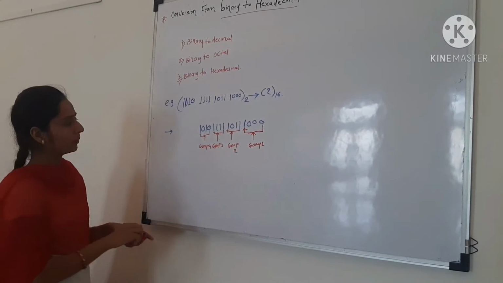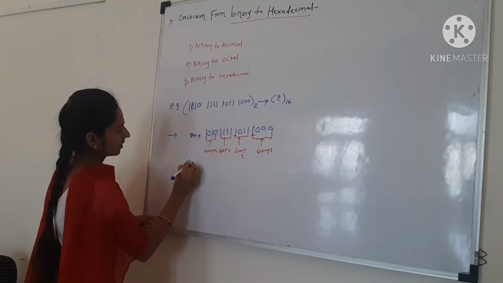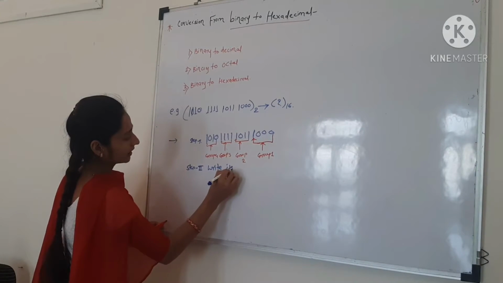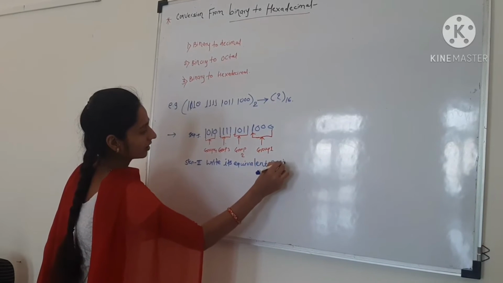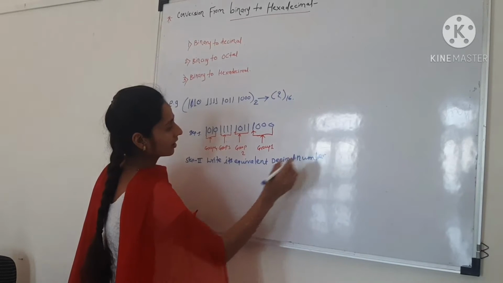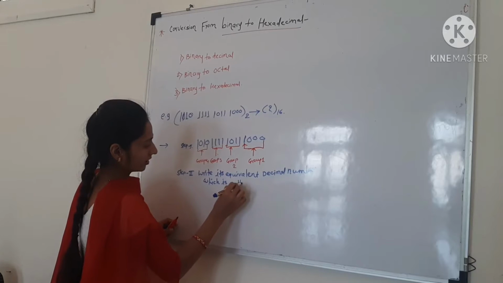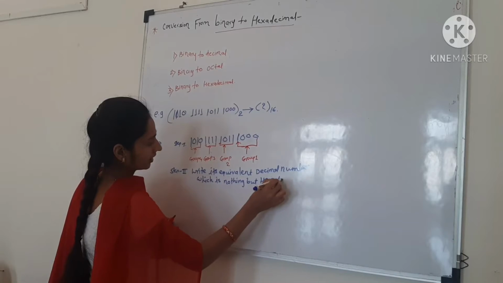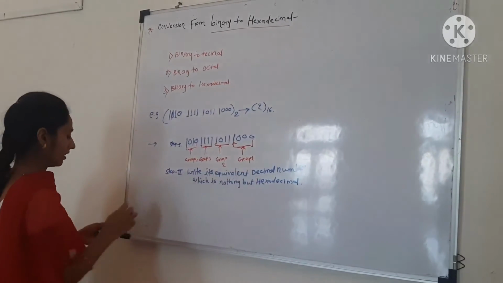After doing the grouping, the next step is to write the equivalent decimal number of each group, which gives the hexadecimal digit.